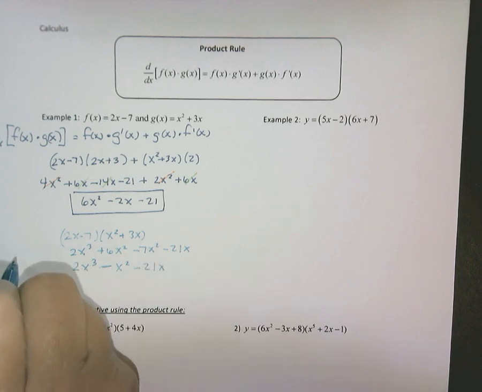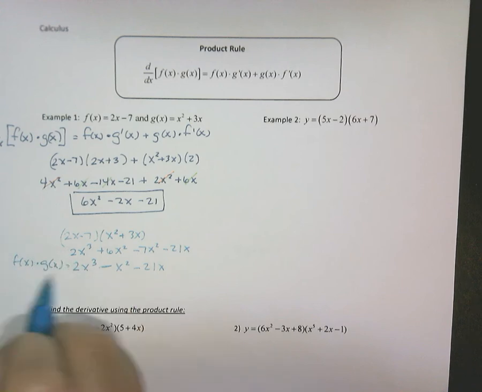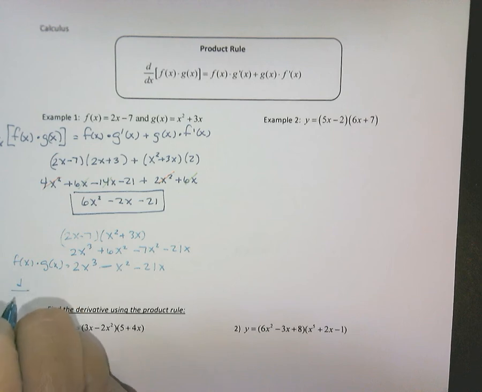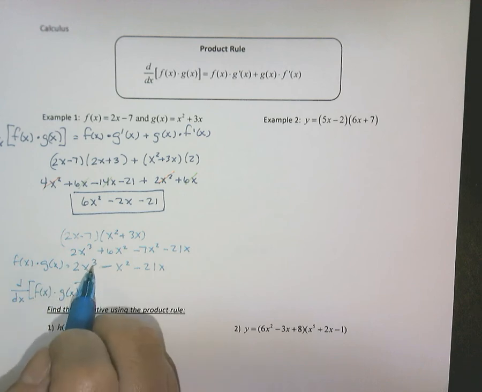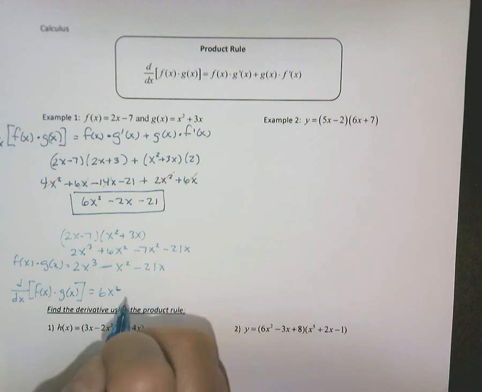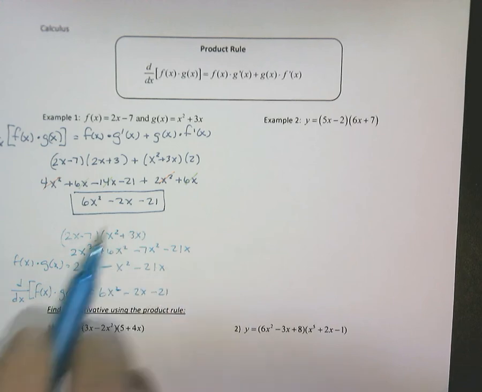So this is f of x times g of x. Now if I take the derivative of this, the derivative with respect to x of f of x times g of x, power rule, 3 times 2, 6x squared minus 2x minus 21. So it works.